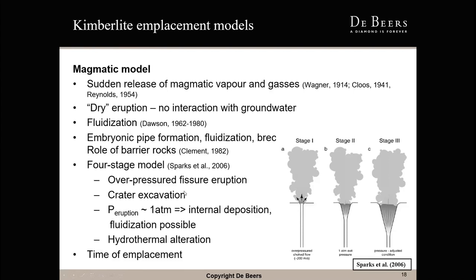Fluidization processes may be active as well. And usually from that point onwards, particularly large, coarse blocks, big particles, are no longer able to be ejected from the vent, and the vent may in fact become choked off at the bottom, depending on the stability of the wall rocks, etc. And then, of course, the last phase of this particular model is the hydrothermal alteration, which then pervasively flows through the pile of ejecta from the source of heat at the bottom.